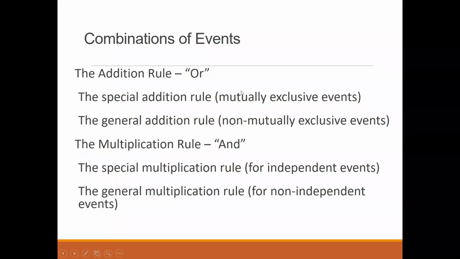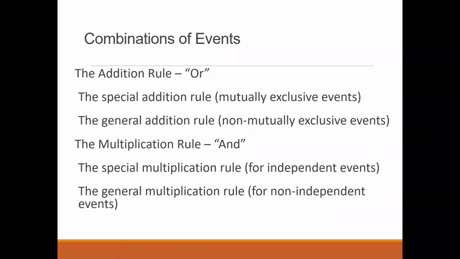Okay, in today's session, we are going to see the compound probability or combination of events using two different rules, especially the addition rule for OR and the multiplication rule for AND. Under each of these rules, we have a special rule and a general rule, which depends on the type of event.